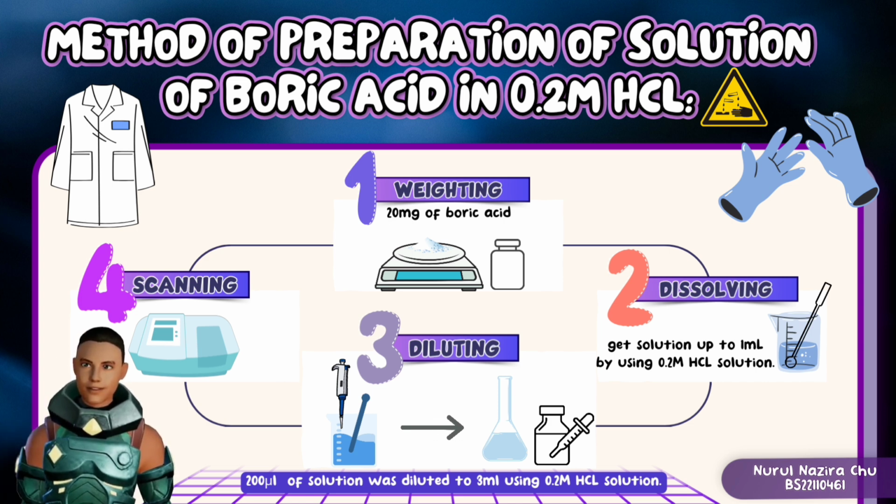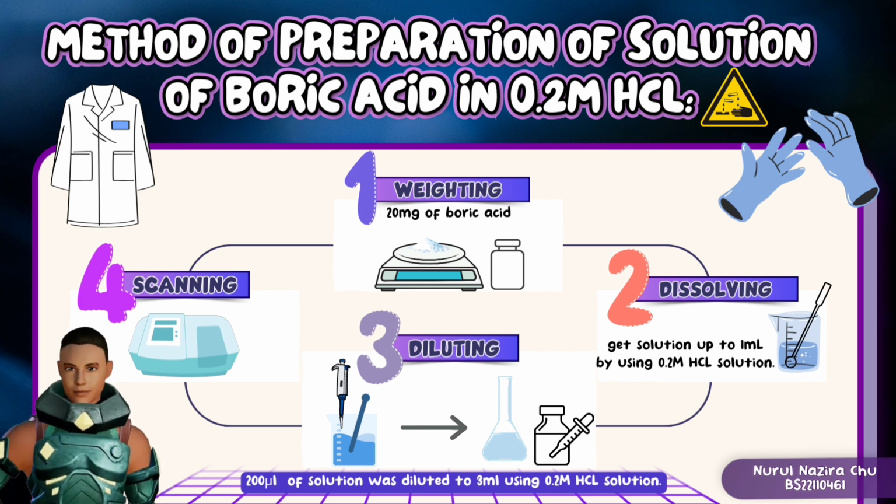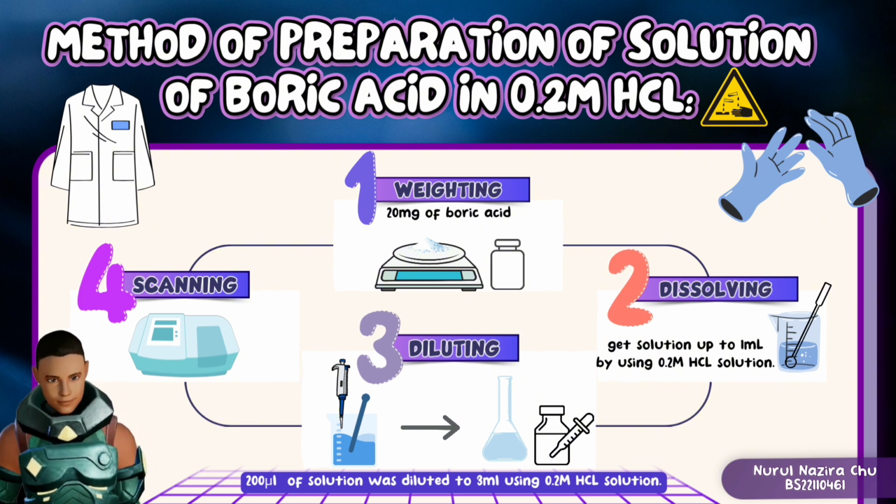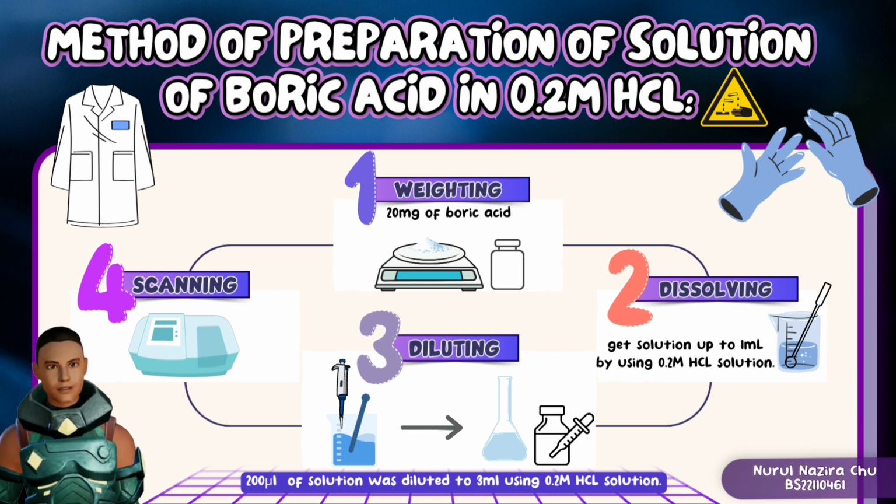This solution was further diluted by taking 200 microliters of the solution and diluting it up to 3 ml using 0.2 M HCl solution. The resulting solution was used for carrying out the UV-vis analysis of the boric acid solution prepared using 0.2 M HCl solution.